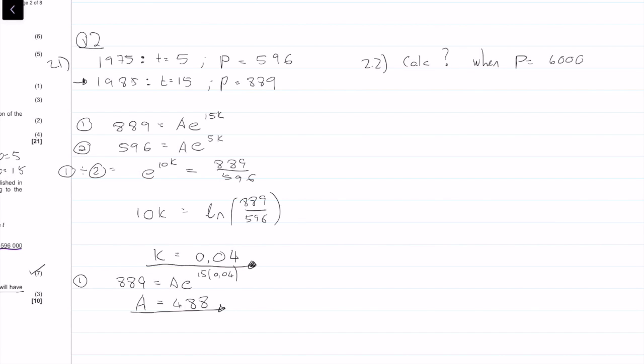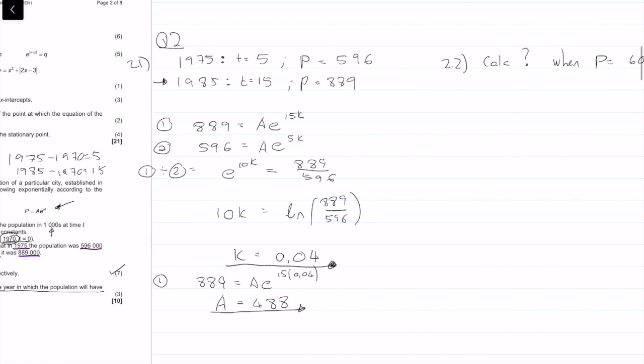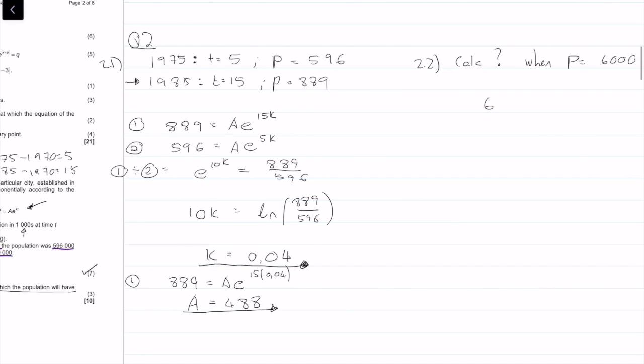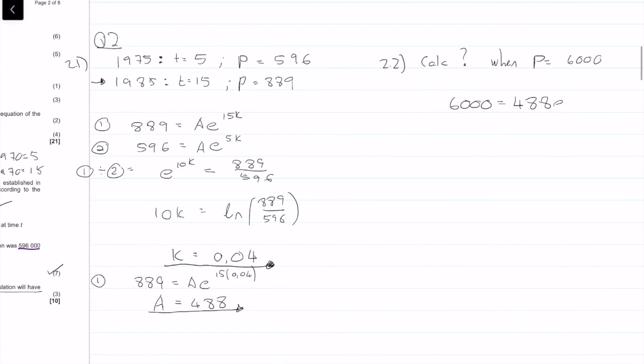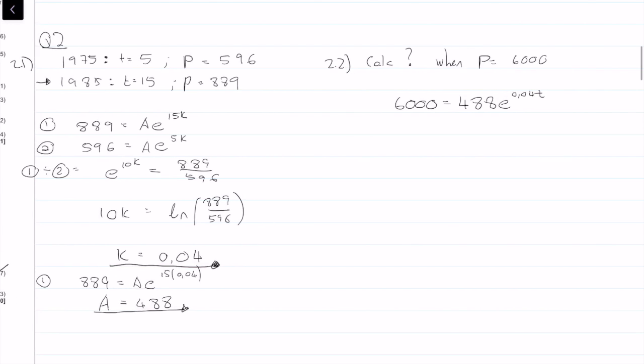My equation is going to be P, which is 6,000, is equal to A, which I calculated was 488, times e to the 0.04t. So e to the 0.04t is equal to 6,000 divided by 488.